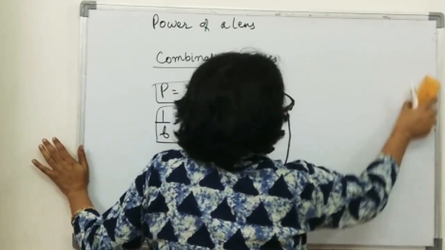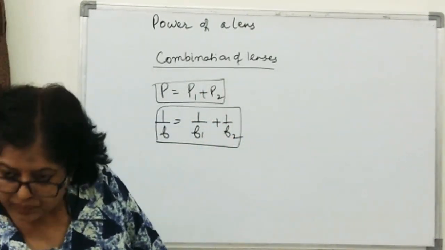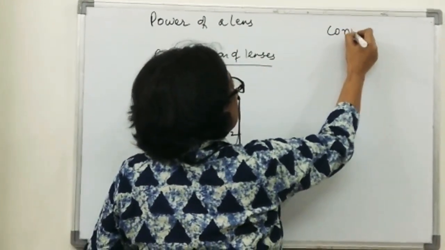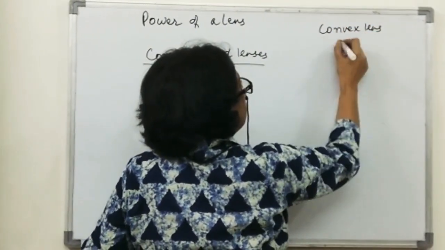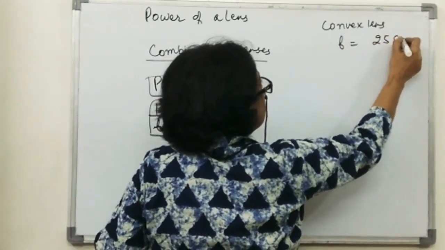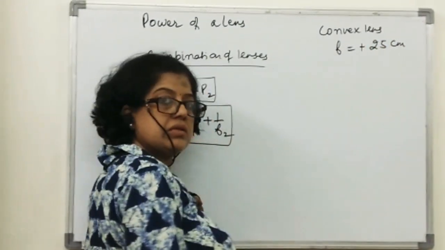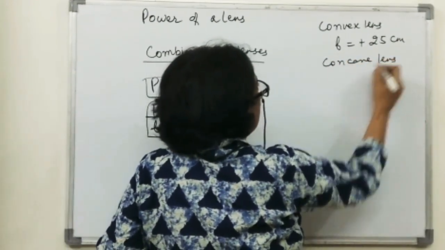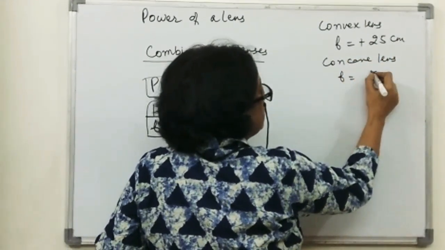Let us say the question now is, we have a convex lens of focal length 25 centimeter. So that will be plus 25 centimeter. And a concave lens of focal length 20 centimeter.